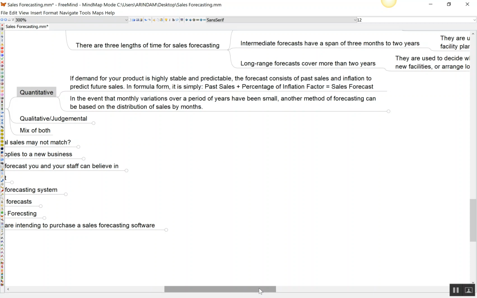In formula form, it is simply past sales plus a percentage inflation factor is equal to your sales forecast. In the event that monthly variations over a period of years have been small, another method of forecasting can be based on the distribution of sales by months.